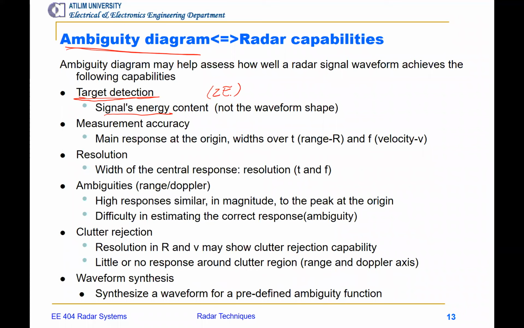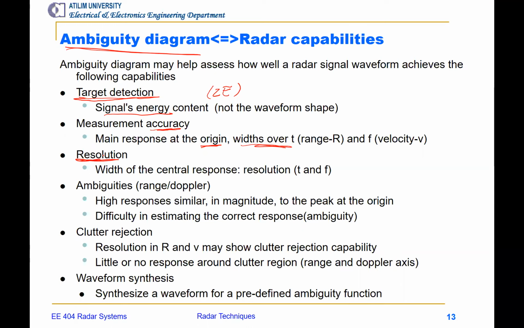The higher the energy, the higher the target detection capability. We can have an idea about the measurement accuracy, which is about the main response at the origin. The width of the ambiguity function over the range and speed axes will determine the accuracy of the radar in range and speed. Resolution is also related to the main response, the central response.